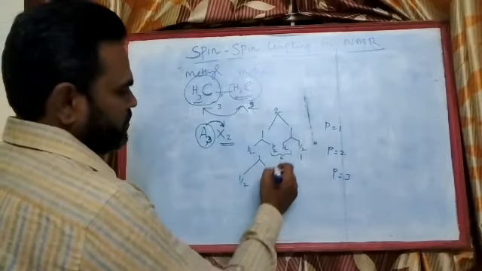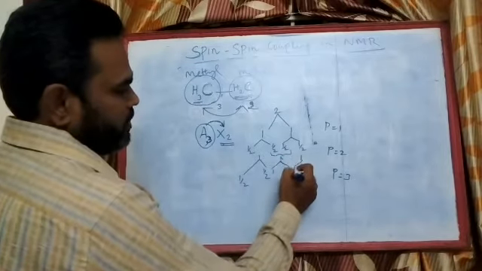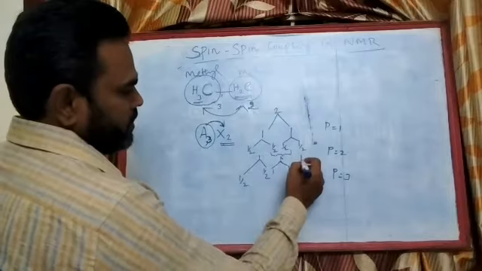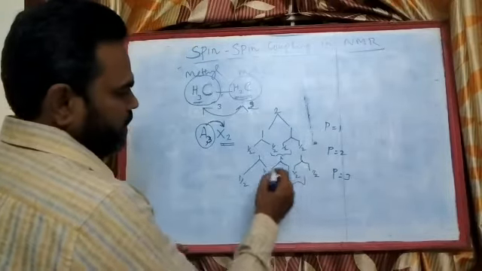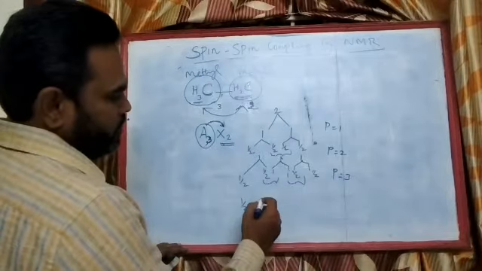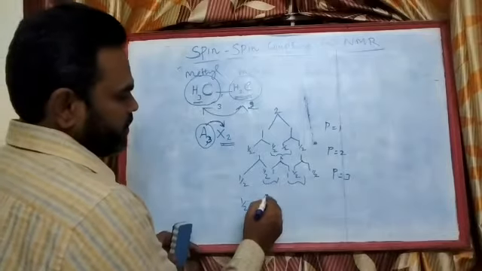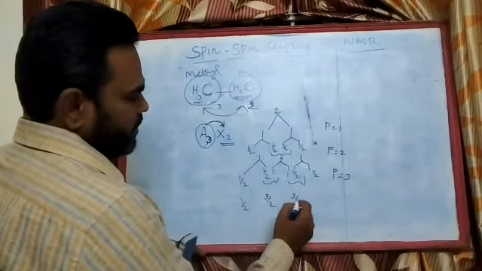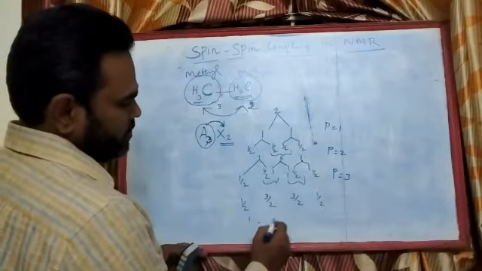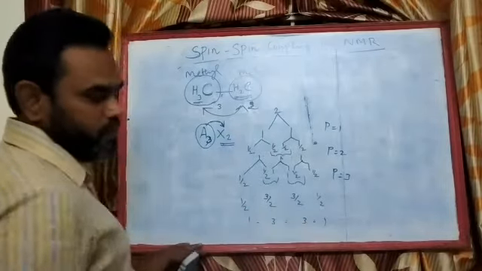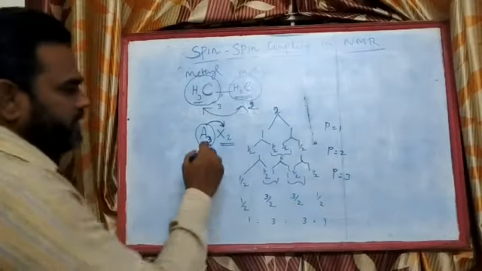Each line will be split into half, and upon combining, since these couplings are the same, I will get 1/2, 3/2, 3/2 and 1/2. So the intensity of this will be 1:3:3:1.